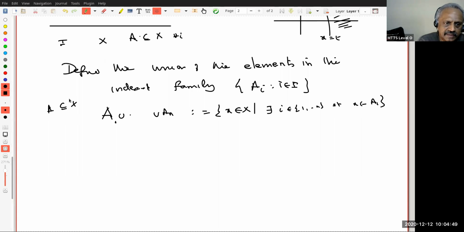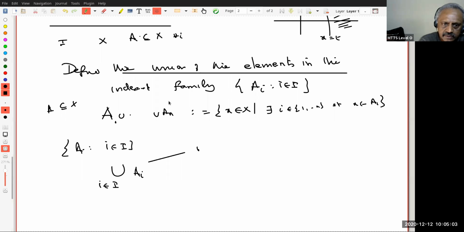So this is a finite thing. How will I define the general case? The notation is the union over i in I of A_i. By definition, this is the union of elements in the indexed family A_i.